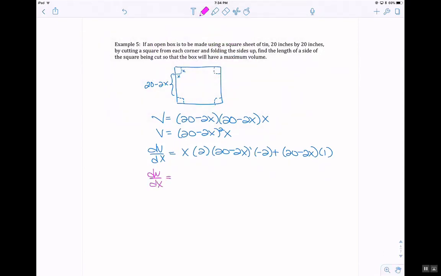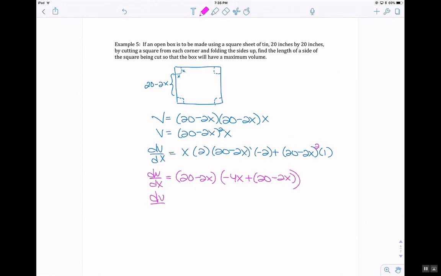And then I can factor out by grouping. So dV/dx is equal to, I can factor out a 20 minus 2x, and I'm left with, in my first term, negative 4x, and my second term would be plus (20 minus 2x).